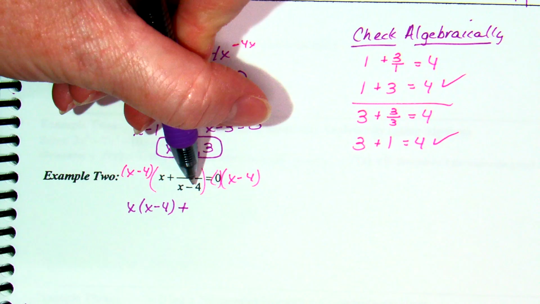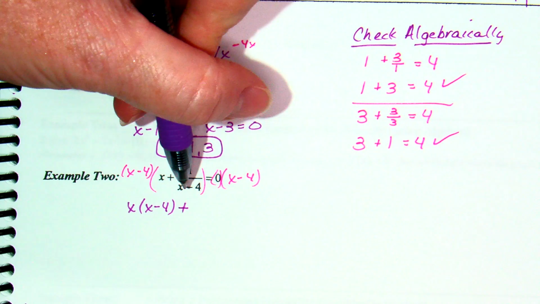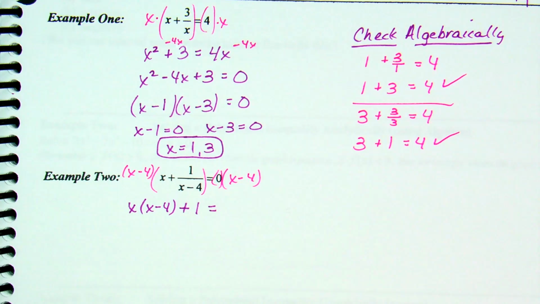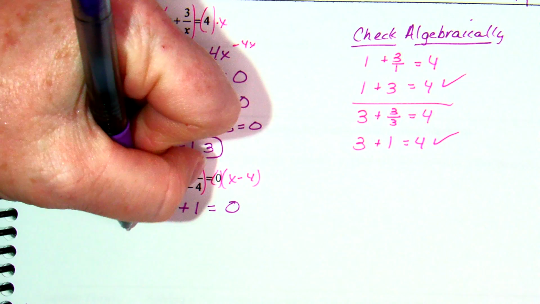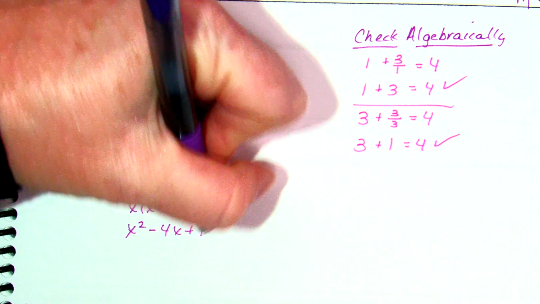The x minus 4 on top and bottom cancel, and I'm left with 1. On the right, what's 0 times x minus 4? 0. On the left, I can go back and distribute. X squared minus 4x plus 1 equals 0.